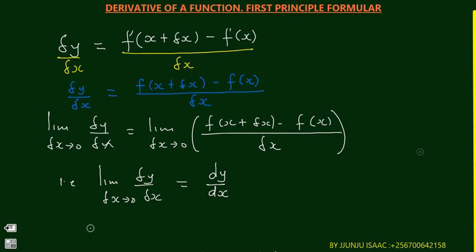We can therefore say that dy dx is equal to the limit as delta x, the increment in x, tends to 0.